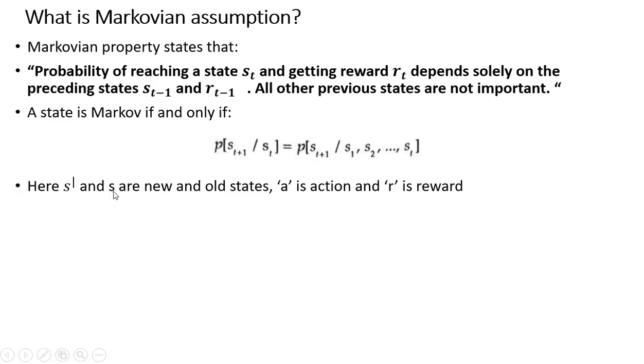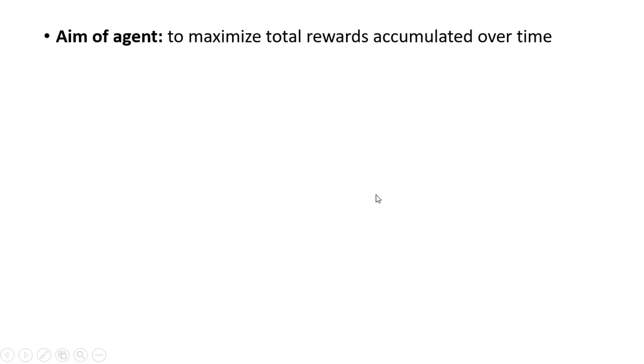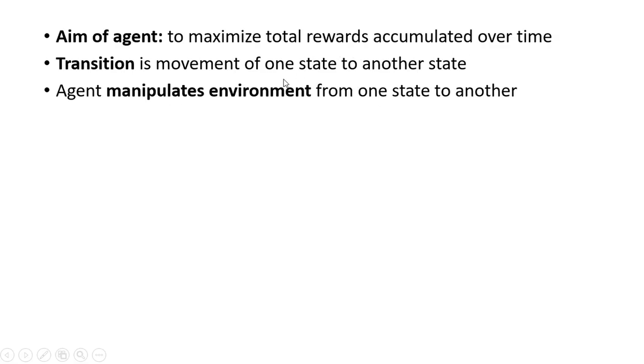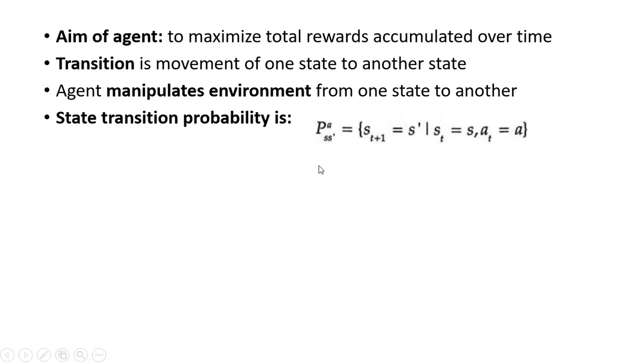So here S dash and S: S dash is the new state, S is the old state, A is the action, R is the reward. Now the aim of MDP is to maximize the rewards. The transition is from one state to another state, and the agent will manipulate the environment. So the state transition probability is given like this: the probability that S_(t+1) is S dash given that S_t is S, where S is the old state.